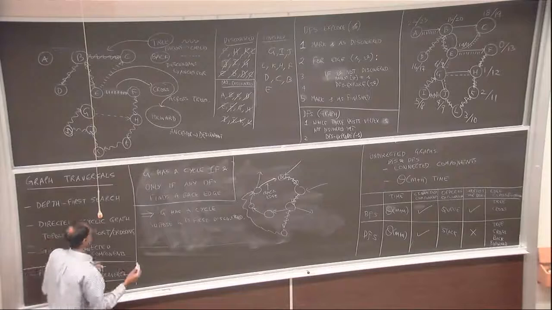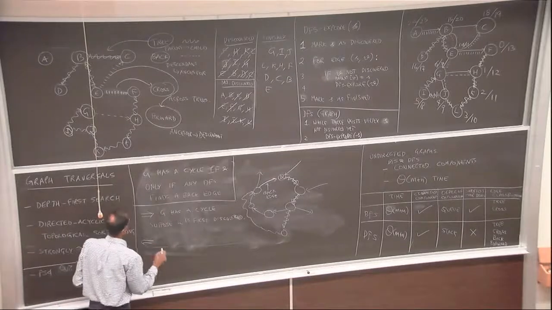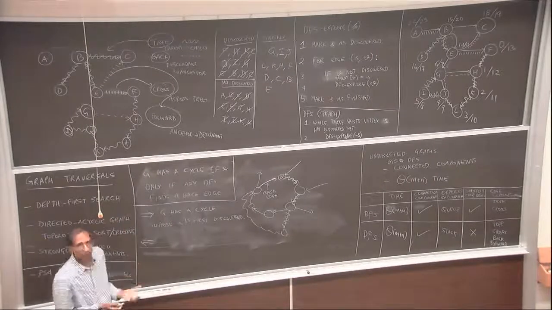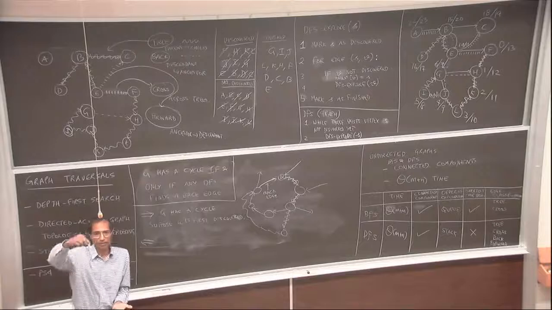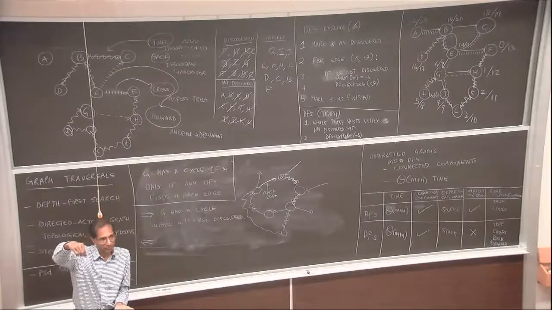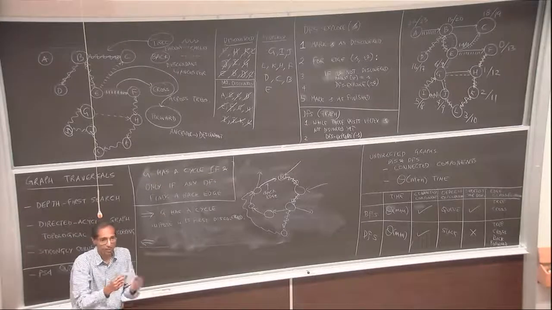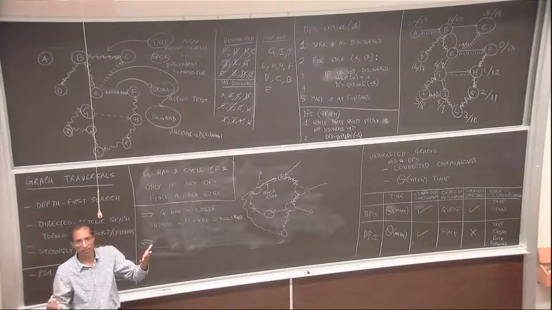In the other direction, if you find a back edge, then of course there will be a cycle, right? Because there is a path in the tree from the ancestor to the descendant, and now we have an edge going back, so there has to be a cycle.